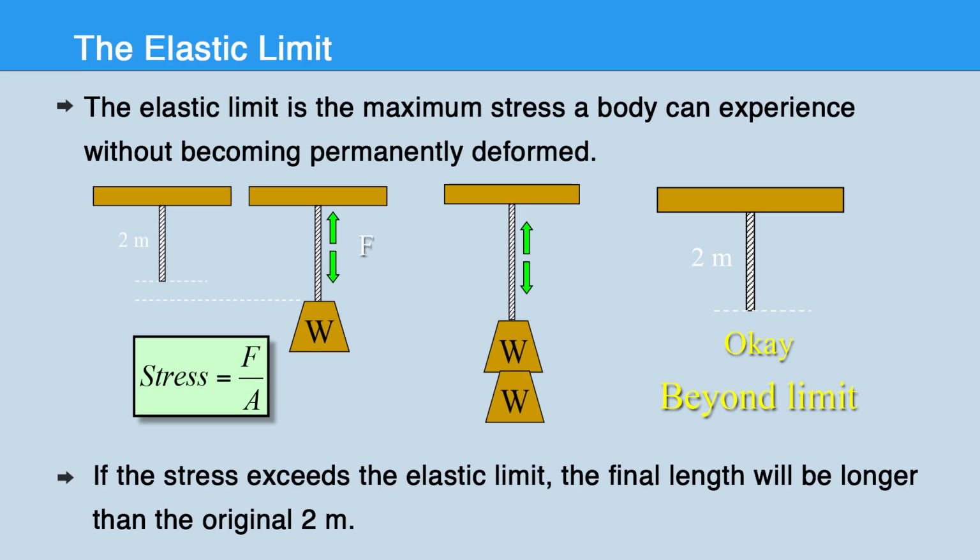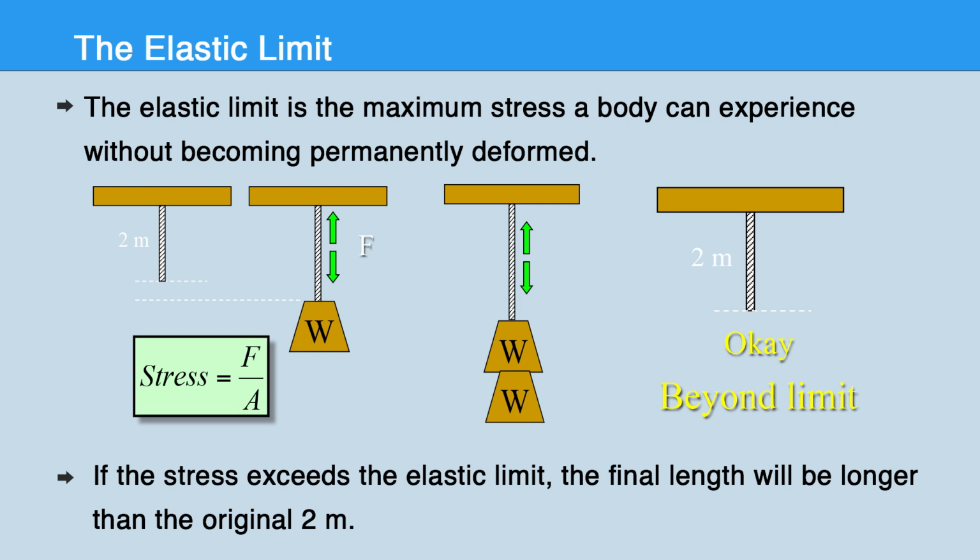Next region is the elastic limit. It is the point in a graph up to which the material returns to its original position when the load acting on it is completely removed. Beyond this limit, the material does not return to its original position and plastic deformation starts to appear in it.